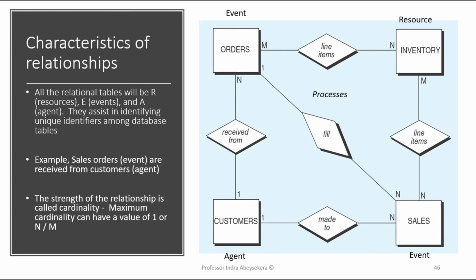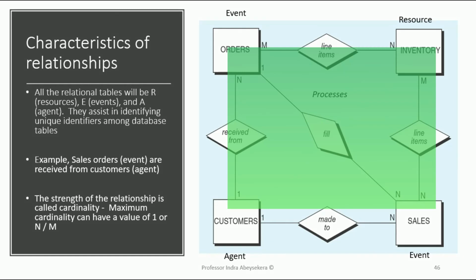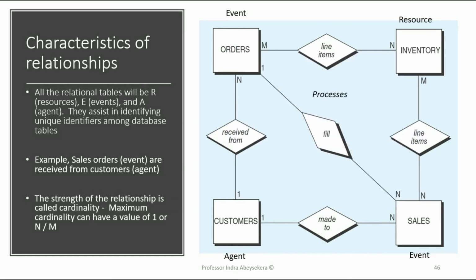So there could be different types of relationship: one-to-one, one-to-many, many-to-many.